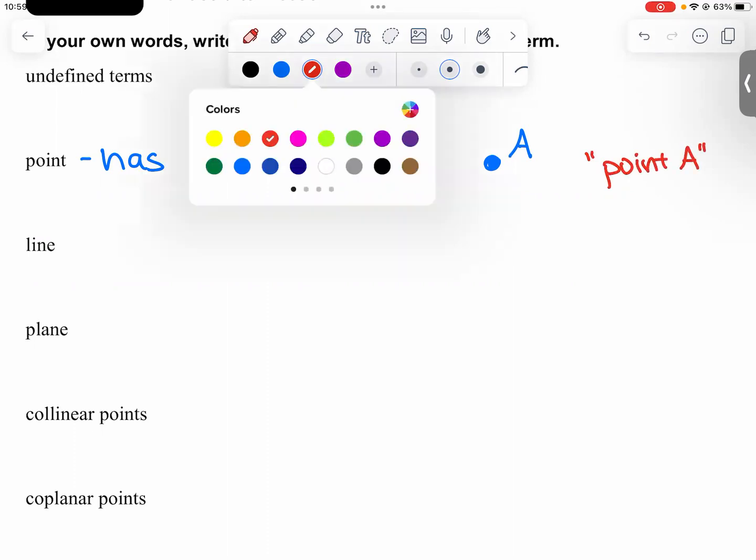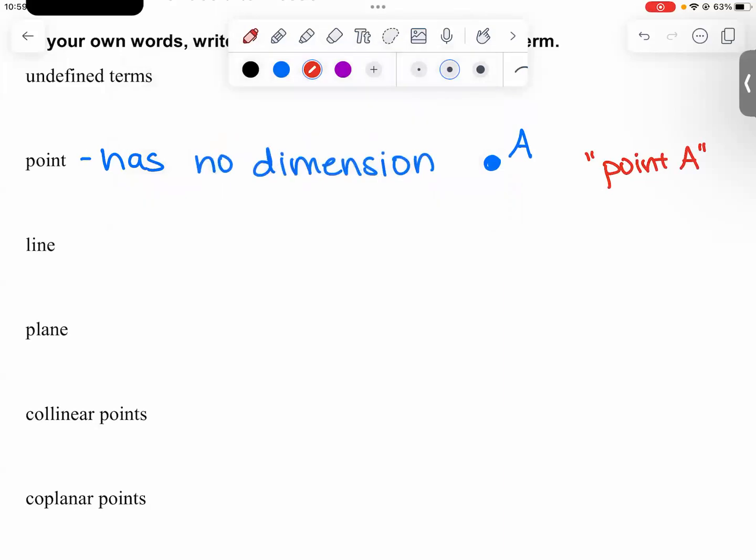We're going to be pretty basic when we talk about the name. It's just point A. There's no special notation for point A. Now, a point has no dimension.